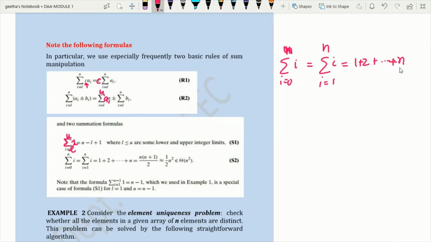So 1 plus 2 plus up to n, which is equal to n into n plus 1 divided by 2, approximately equal to half n square. So we can write this as belongs to theta of n square.